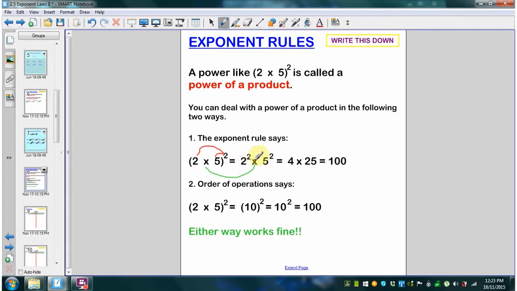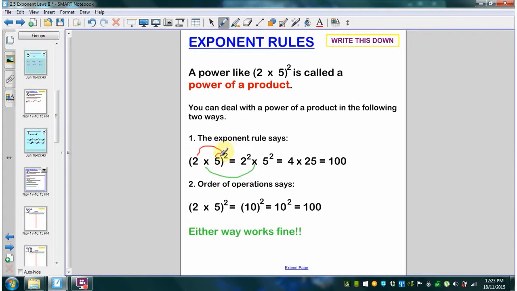So 2 to the 2 times 5 to the 2. You can work that out. So 2 to the 2 equals 4. Carry over our multiplication sign, and 5 to the 2 equals 25. This is just simple. 4 times 25 equals, don't be afraid to use a calculator if you're unsure, so that equals 100. So this is exponent rule number 4.